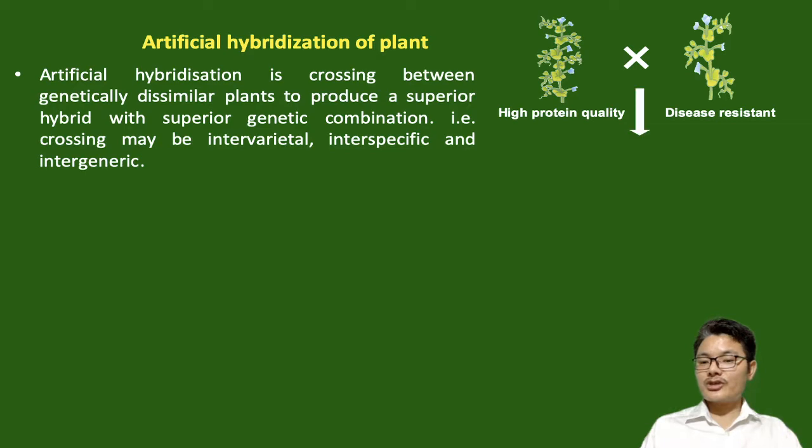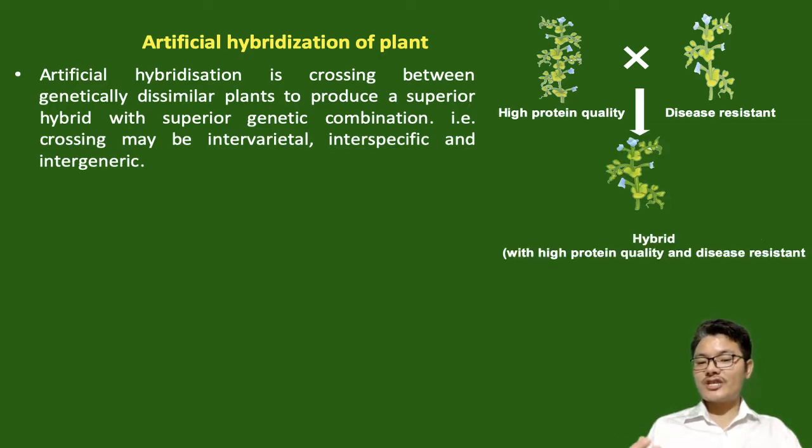Then there is production of a hybrid plant which has high protein quality. Along with that, the plant is more resistant to external pathogens. So in a way, there is production of a hybrid plant which has more ability to survive, and which usually provides seeds having high protein quality.